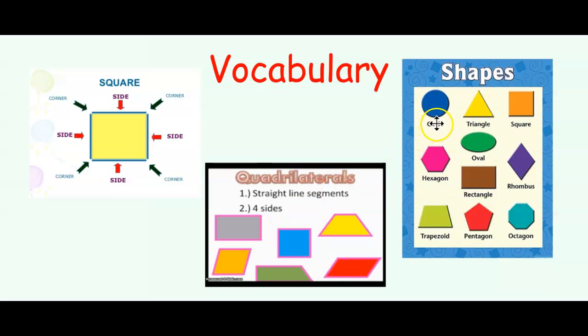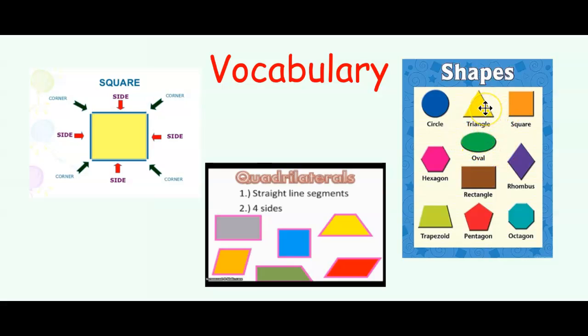We've talked about the shapes circle, triangle, square, hexagon, oval, rectangle, rhombus, trapezoid, pentagon, and octagon. We've talked about the circle only having 1 side and no angles, as well as the oval.